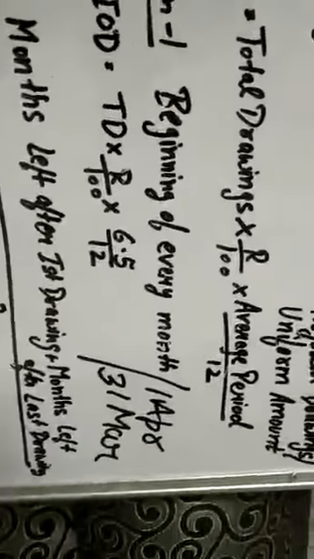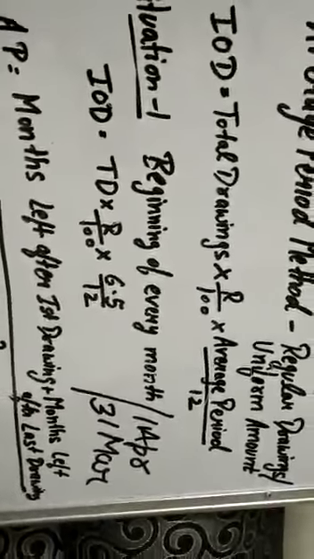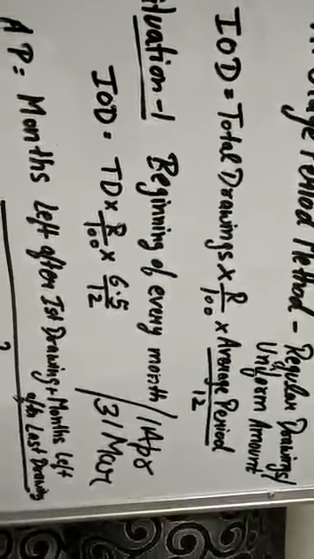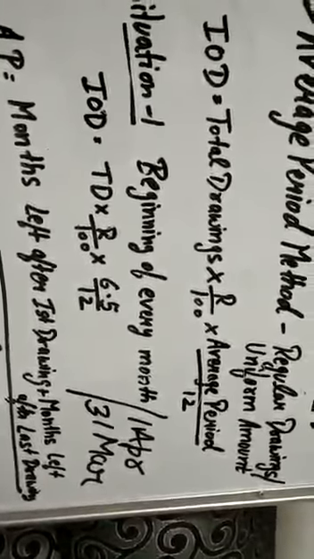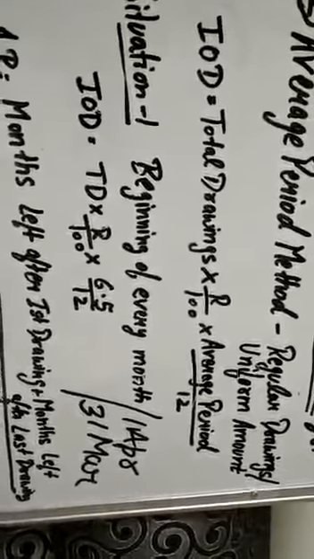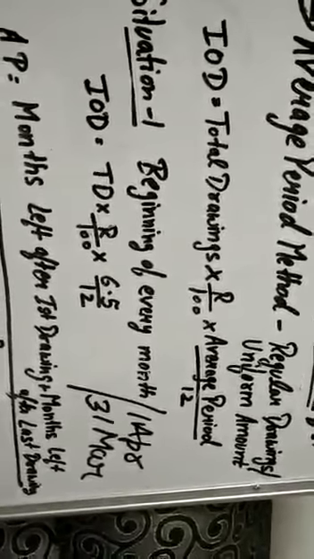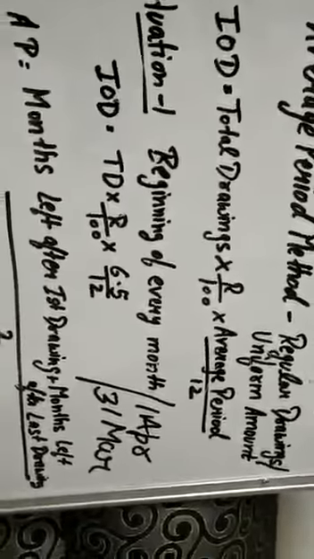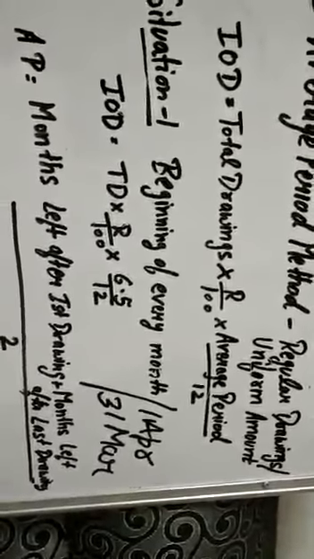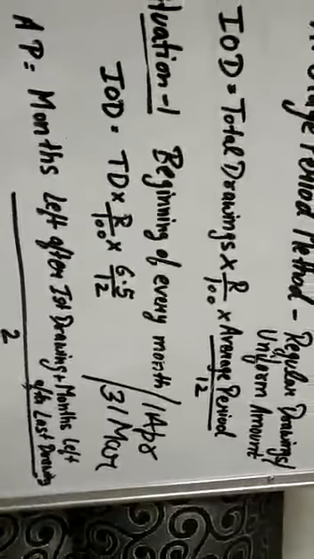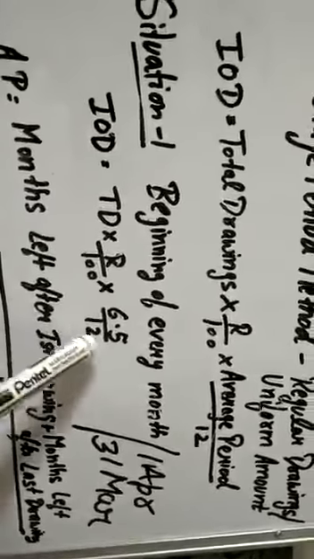If the partner is withdrawing the same amount on 1st April, then on 1st May, 1st June, 1st July, August, September, October, November, December, January, February, March, he is withdrawing the same amount on the first dates of these months. Then we'll put this formula and the average period will be 6.5.